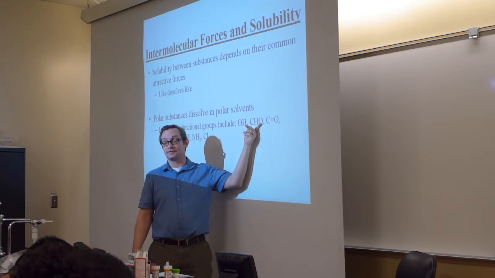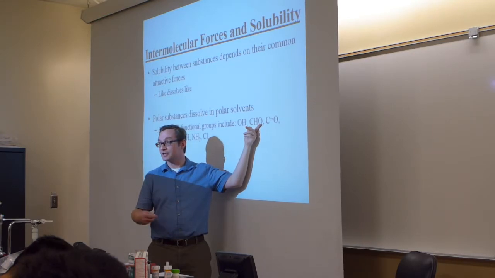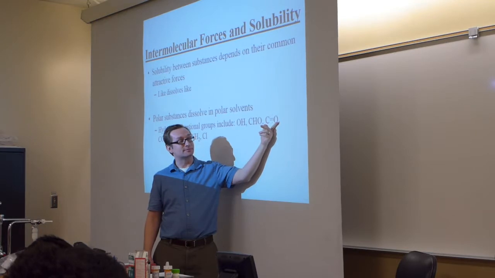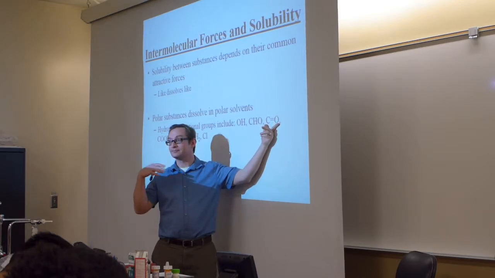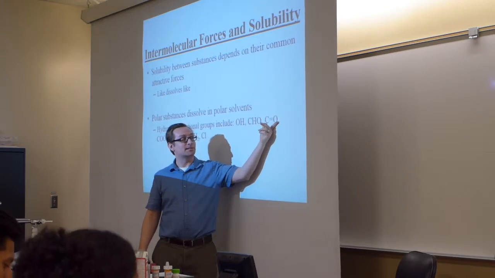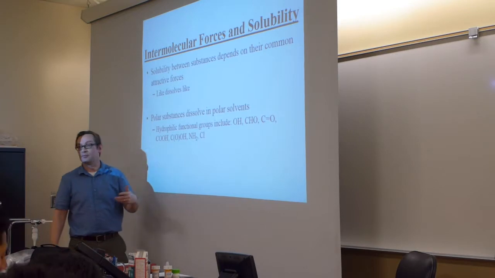CHO is a functional group for aldehydes, like formaldehyde, which is used to preserve dead bodies. We have carbonyl groups. I'm really not using organic lingo here, so don't worry about it. Just know that C double bond O is also somewhat polar. It creates a dipole moment in molecules.